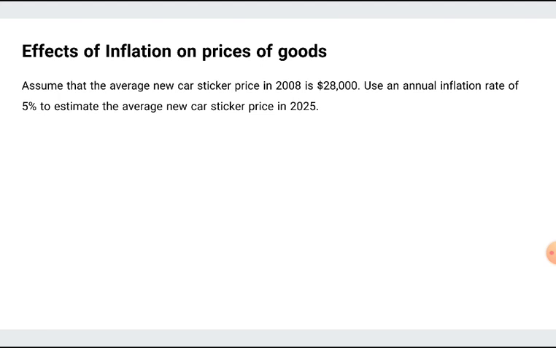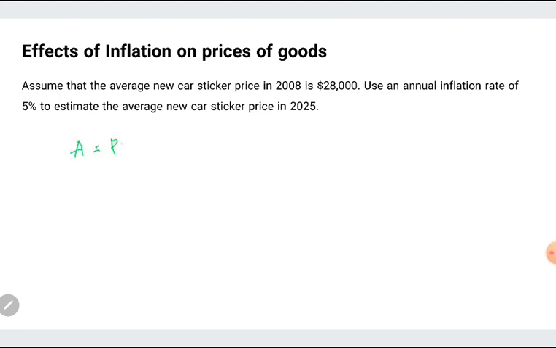Just look at the time periods. You are considering an amount of 28,000 today in 2008, and you want to know what would be the value of that money in the future. So that means you are computing for the future value in 2025, or you are computing for A.